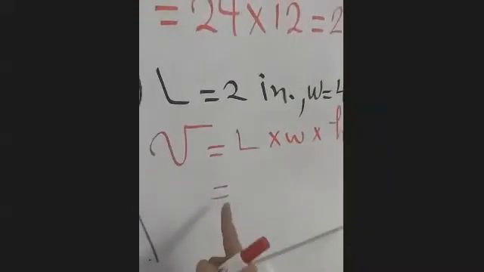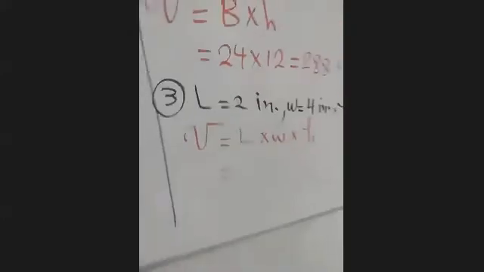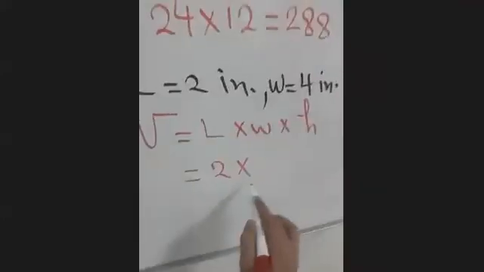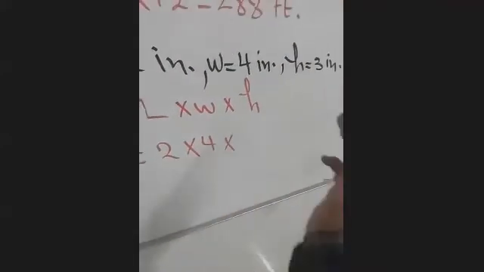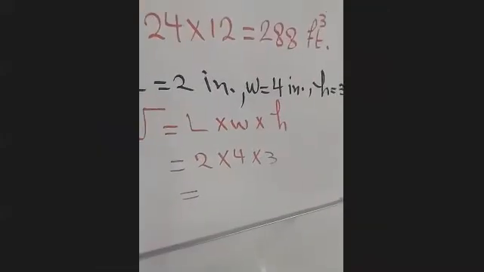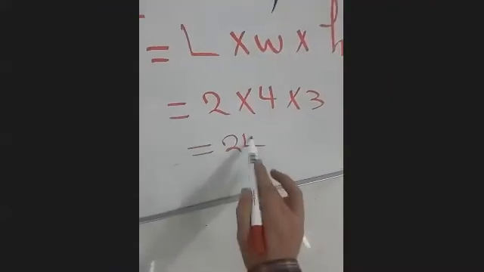Equal, under equal like this. What's the length? Length is 2, multiply the width 4, the height 3. Equal, now find the answer. 2 by 4 is 8, by 3 is 24. 24 what? Inch.